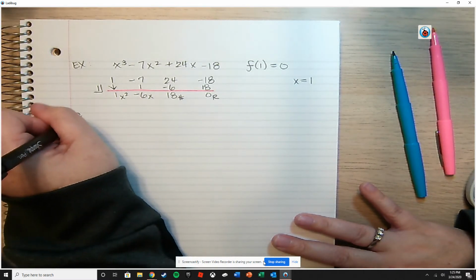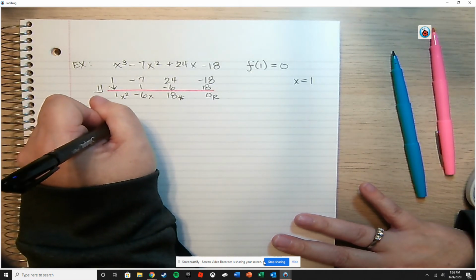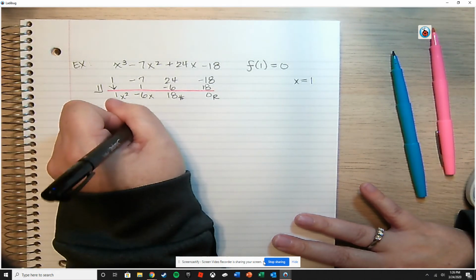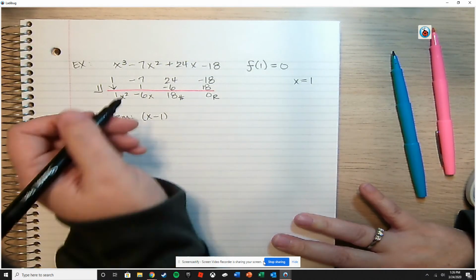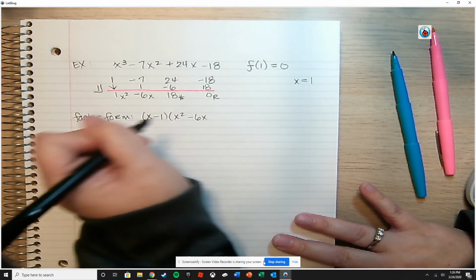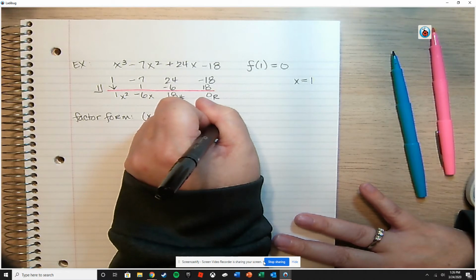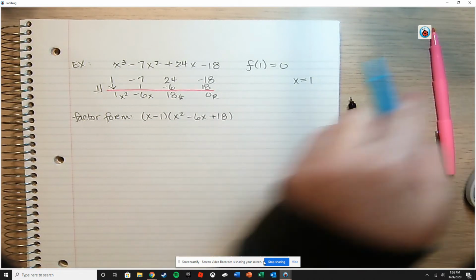All right, so I'm going to write it in factored form. So x minus 1, because I take the opposite of the answer they gave me, and then x squared minus 6x plus 18.